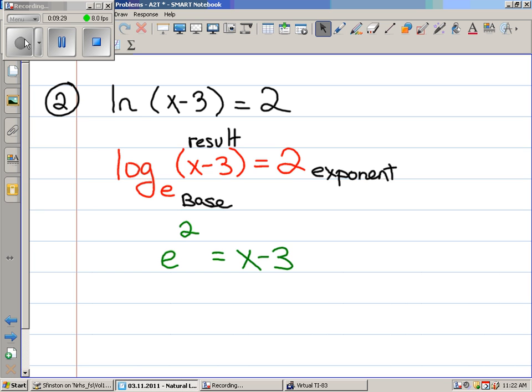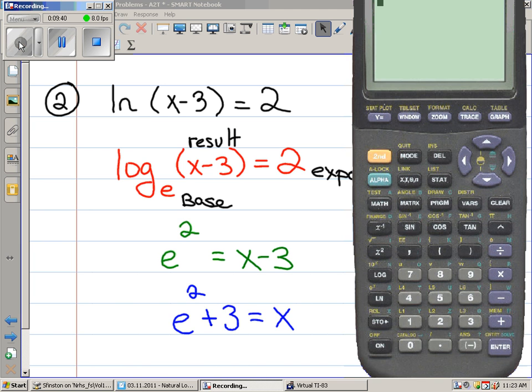This tactic, this use of transforming equations, is very much at the heart of trigonometry. We isolated the x.